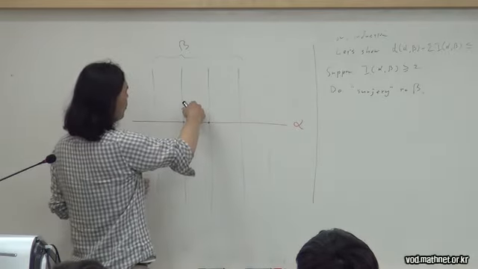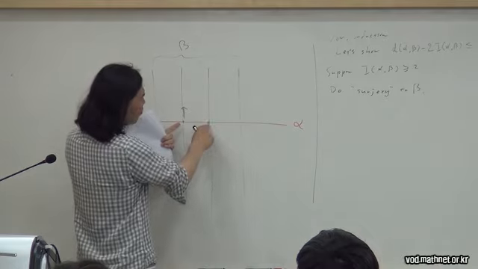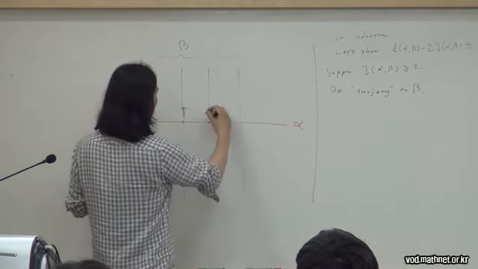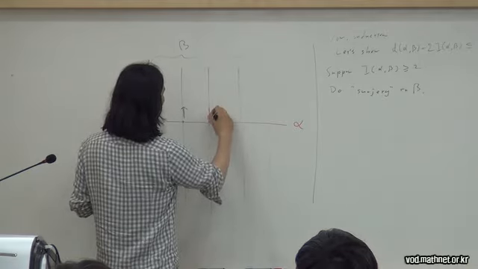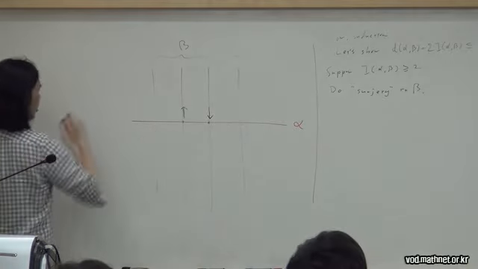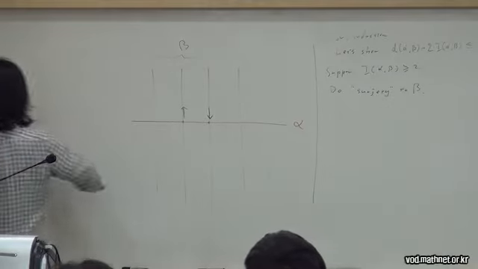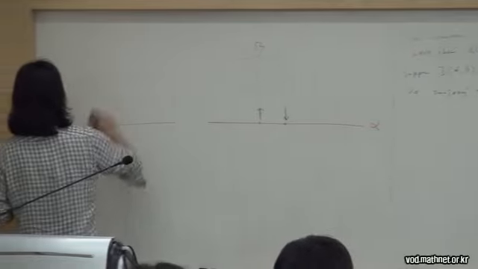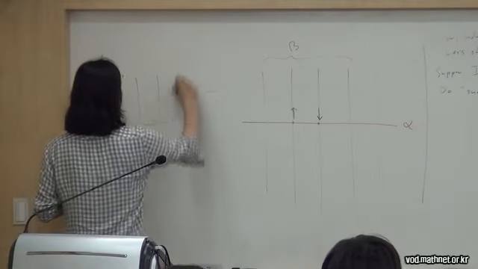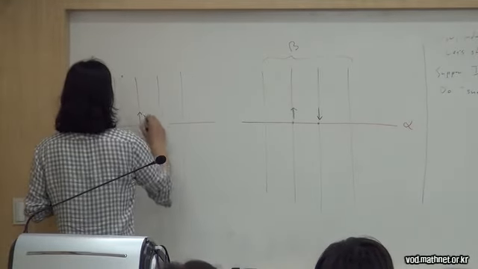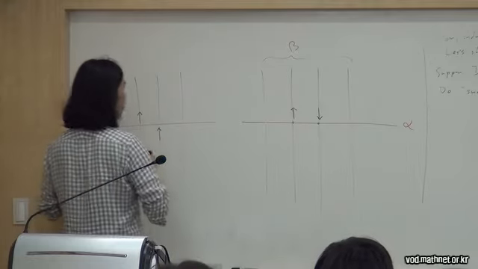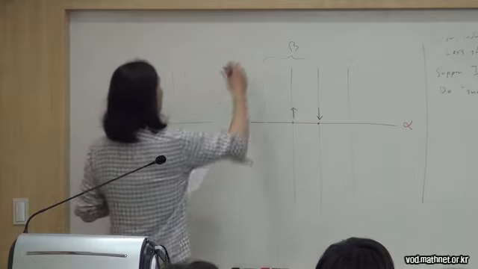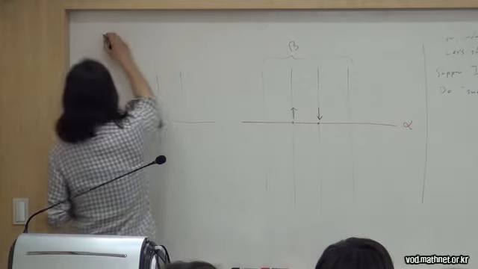So before I reach here, I have to reach here, but there are 2 ways for you to reach. One is this direction, and the other is from the other direction. So there are 2 cases. This is case 1 and this is case 2.